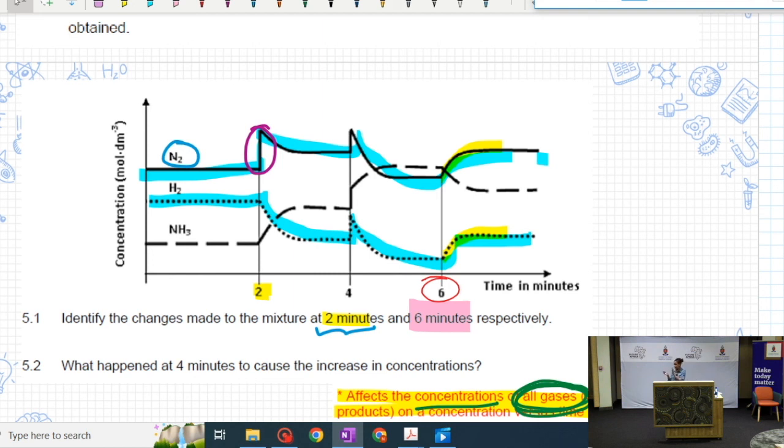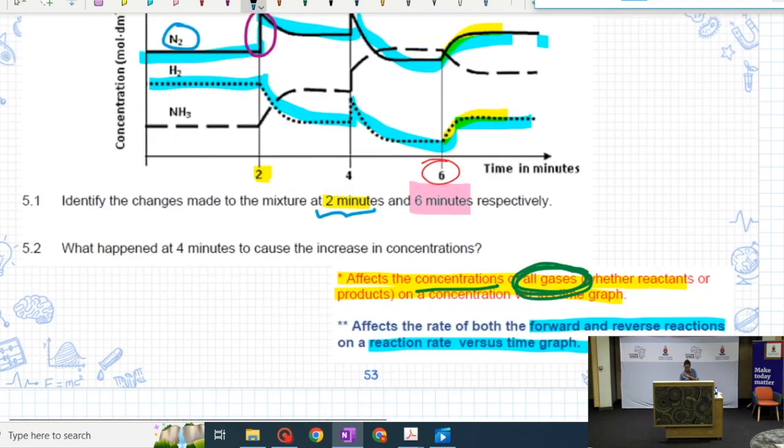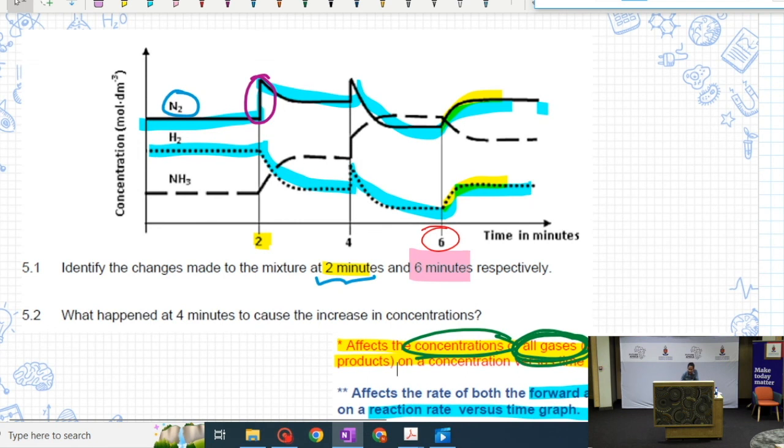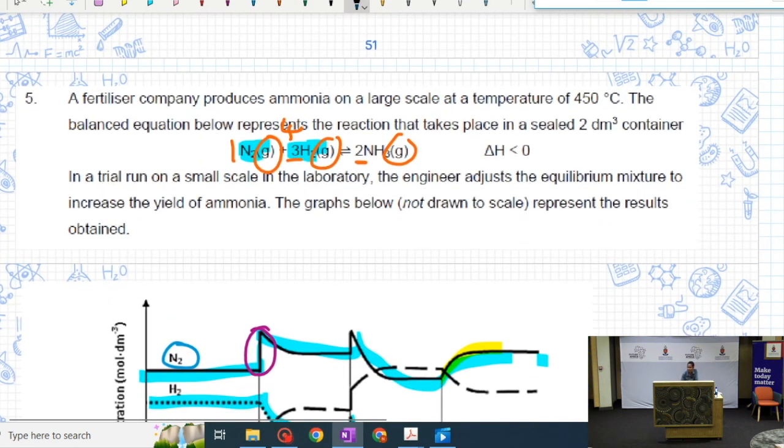Pressure affects both. Okay, so over here I said your concentrations, remember pressure is related to concentration, and if we are looking at gases, the pressure is going to affect both, because when you increase the pressure, the concentration is going to increase. So in this case we're actually looking at a temperature change, because what type of reaction is this? It's an exothermic reaction.